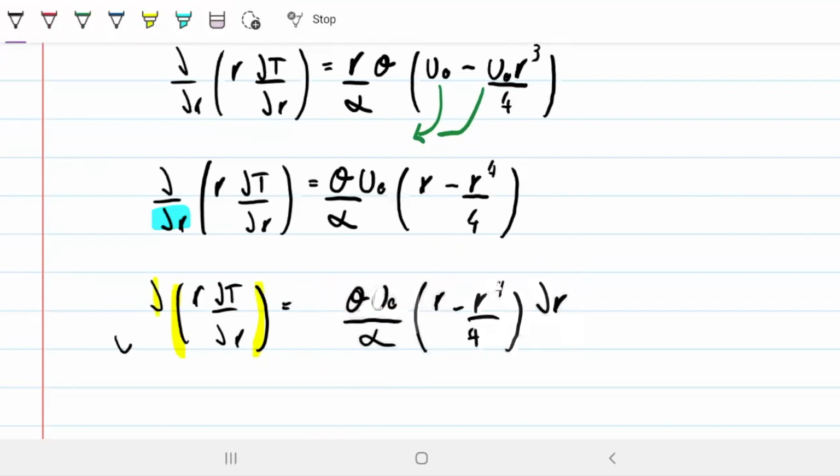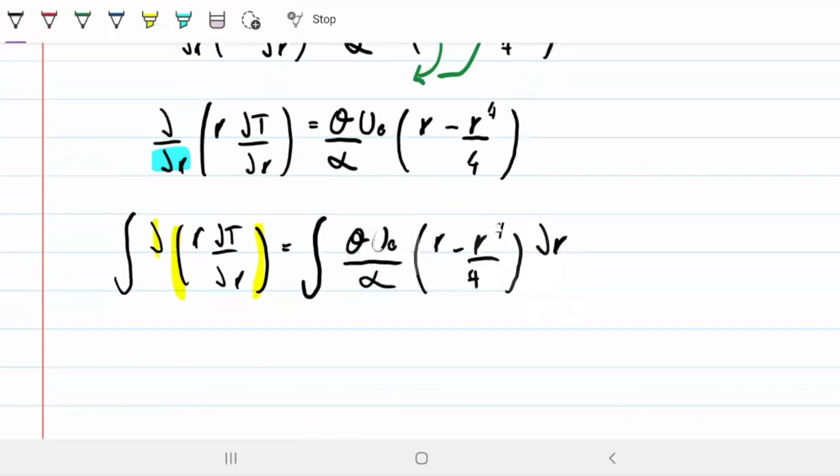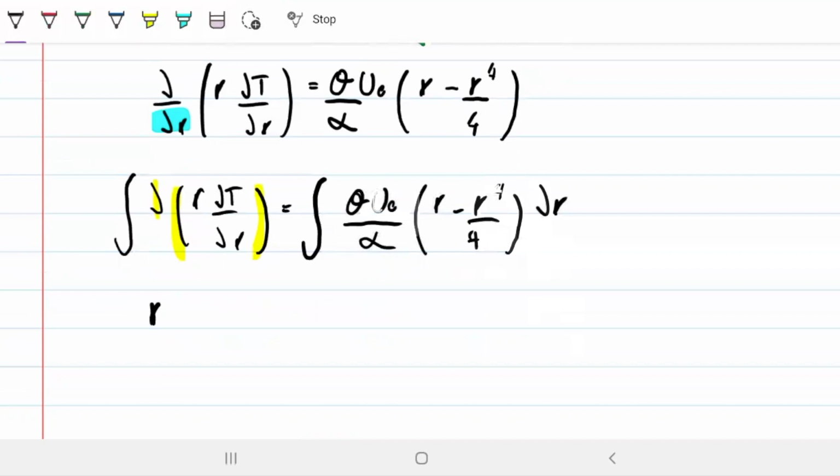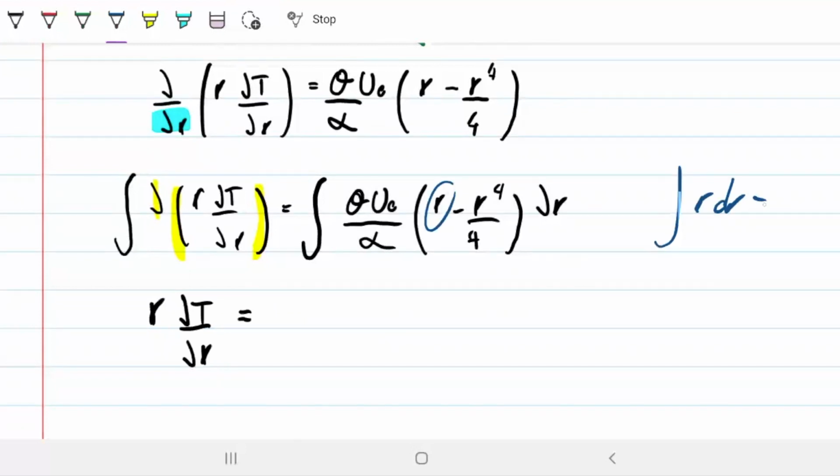I'm integrating here. I'm not defining my integrals, so I'll have constants by the end of it. On the left-hand side, it's pretty easy because we just literally eliminate the derivative. Because if I'm integrating this, so if I'm doing r dr, that's just going to be r squared over 2 plus a constant.